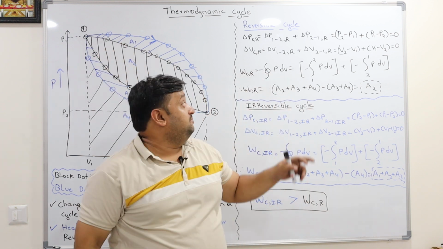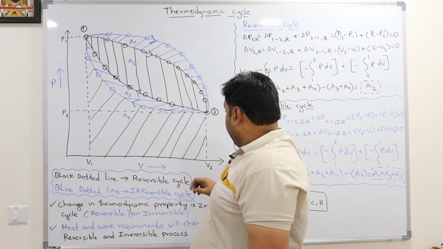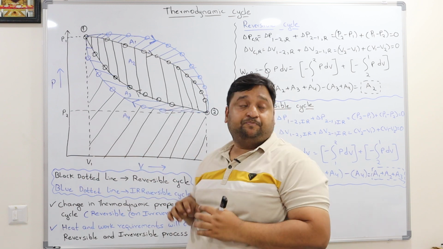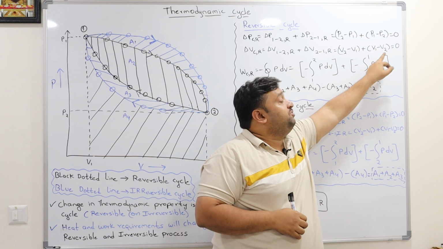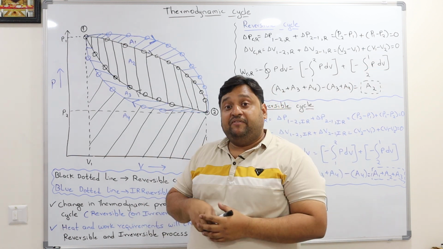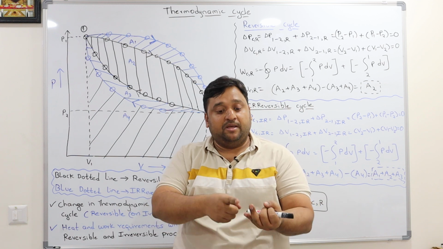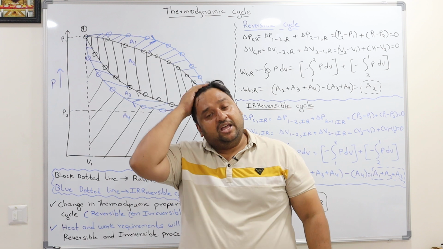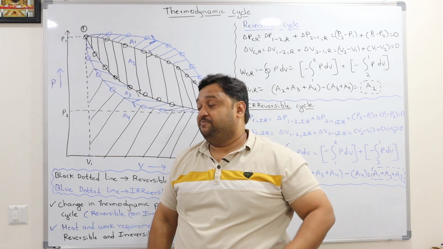From 2 to 1, it is V1 minus V2. Clubbing together, V2 minus V1 plus V1 minus V2 equals 0. Whichever thermodynamic property you take, whether volume, pressure, temperature, internal energy, enthalpy or entropy, all these values will be 0 in a cycle.